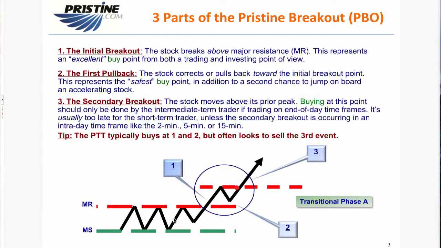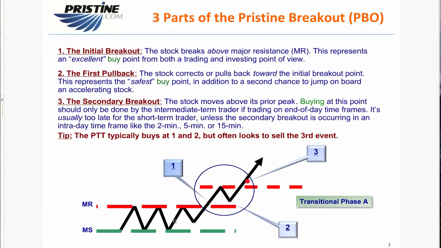However, if you're trading off of the daily and you're willing to put your stop down below this pivot low because you believe that this stock can continue to move higher over a more intermediate period of time, then you can do that. But the secondary breakout for me is more of just confirmation that this trend is really getting itself developed and underway.